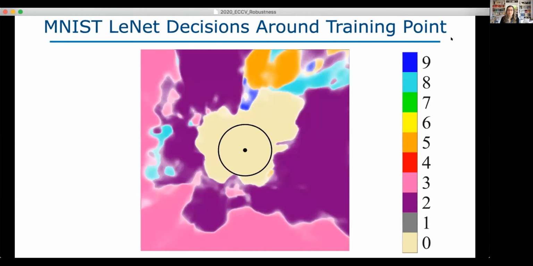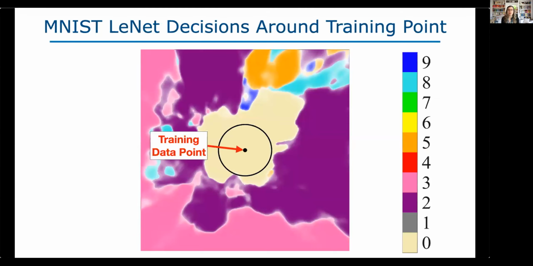And when we have this output image, what we'll notice is that first and foremost, our model is working well. The training data point is correctly classified as a 0. And what we'll also notice is that there's some buffer around this image, at least in this particular projection space.